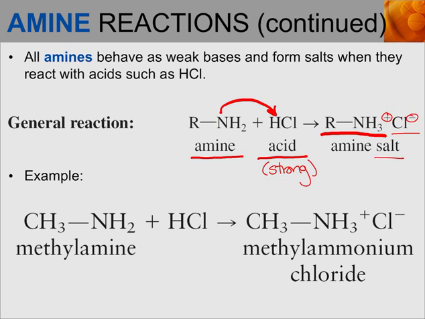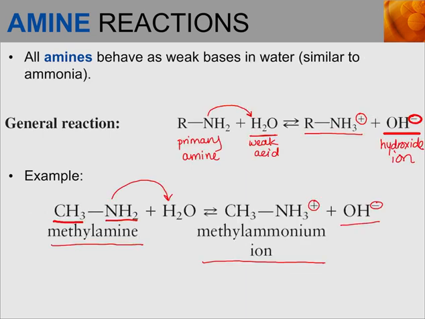Now you might be wondering, why didn't we create a salt with the hydroxide ion? Well, salts are defined as ionic compounds that don't have hydrogen or OH. So basically the main components in acids and bases, right?